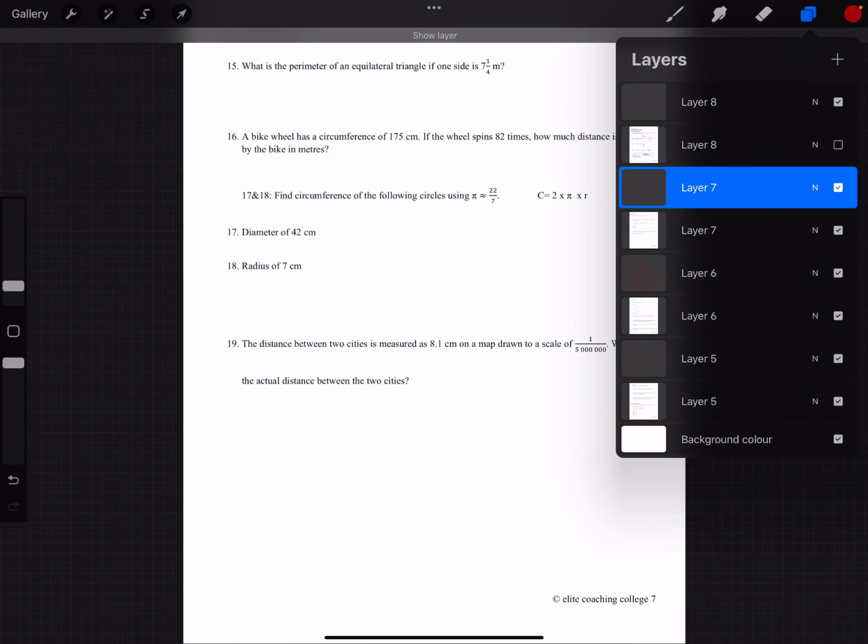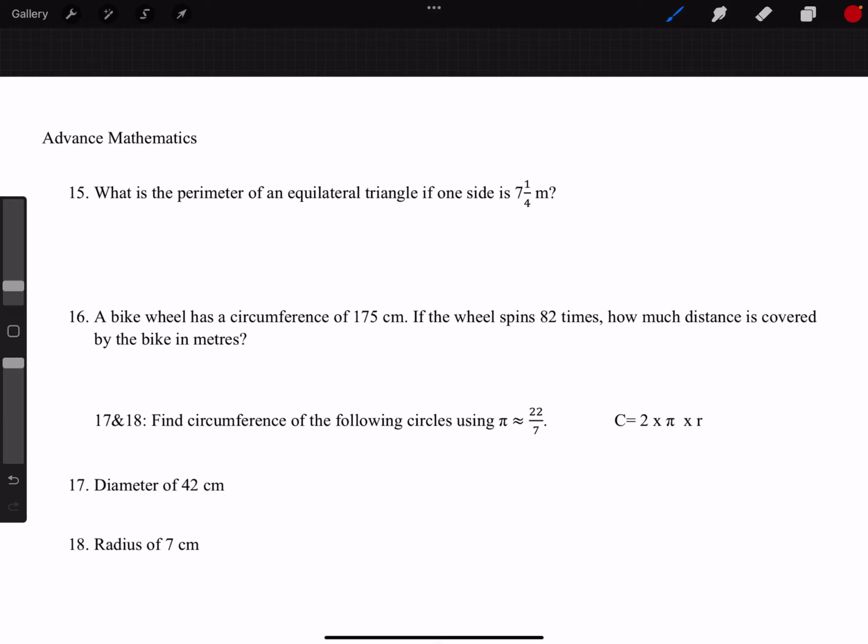Next page. What is the perimeter of an equilateral triangle? Equilateral means that the triangle has all sides the same length. If one side is 7 1/4, then therefore they all have 7 1/4 meters as their length.